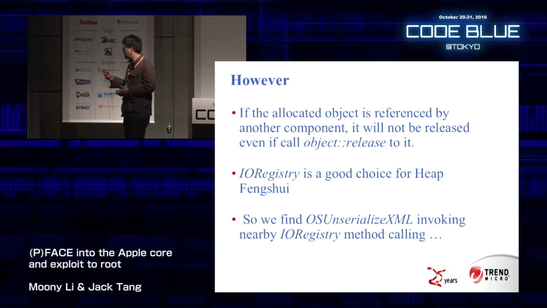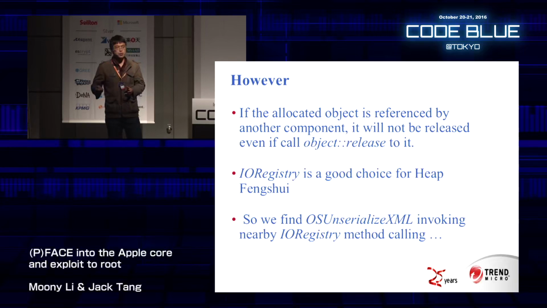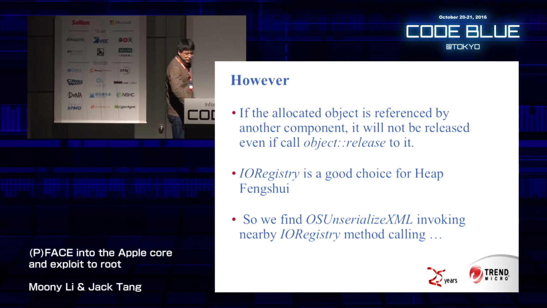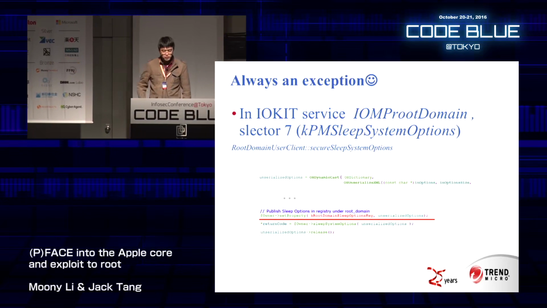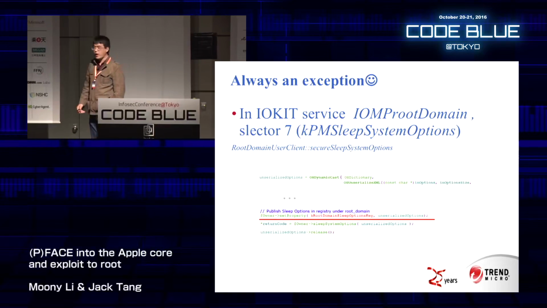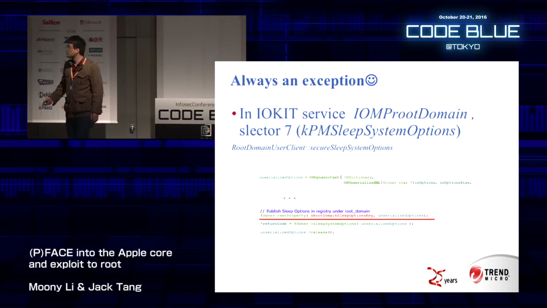We have found the API call about the IORegistry component of OS X. Actually, IORegistry is similar to the device manager in Windows. And always we have a cache, and we have found the cache.